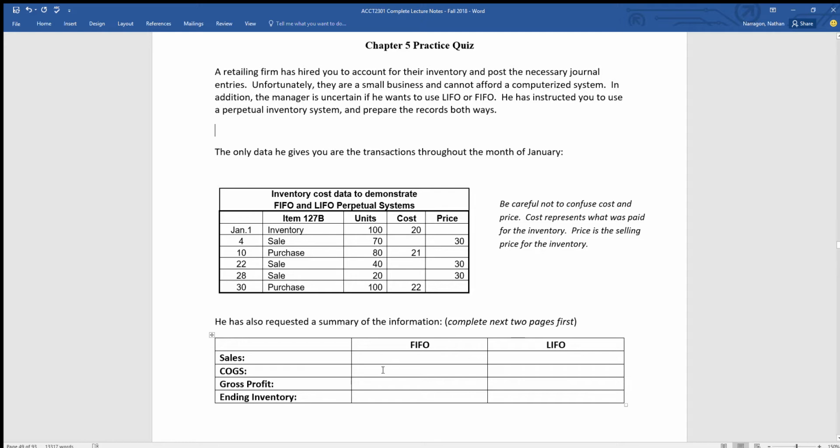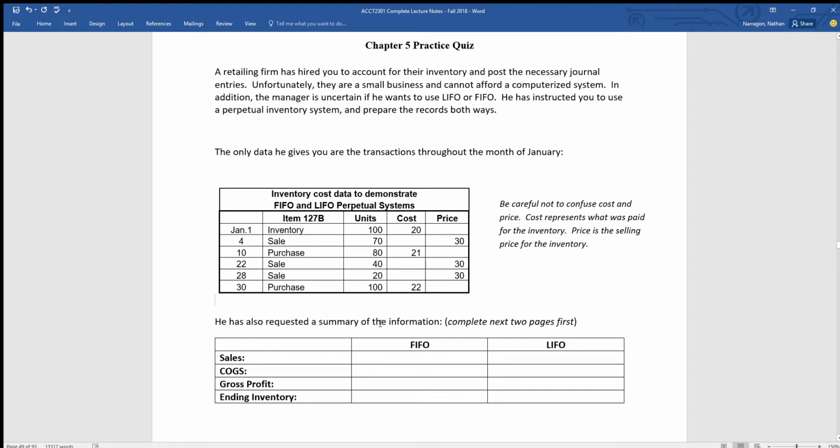And of course, we've got this little chart that we have to fill out. But the only one that we can really do right now is sales. And sales to us is these $30 times whatever the units. So 70 times 30, 40 times 30, 20 times 30.